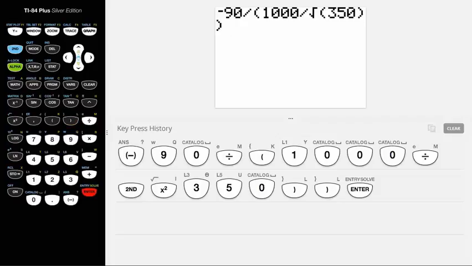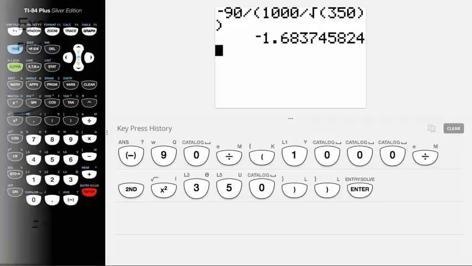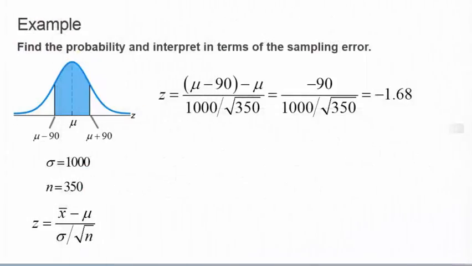Enter. Negative 1.68. And I get a z-score of negative 1.68. Because this is symmetric, the positive z-score should also be 1.68.